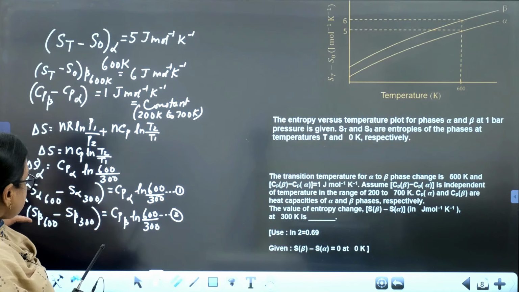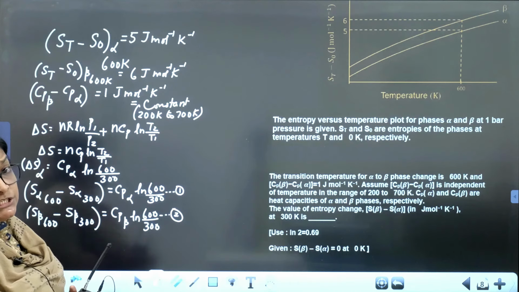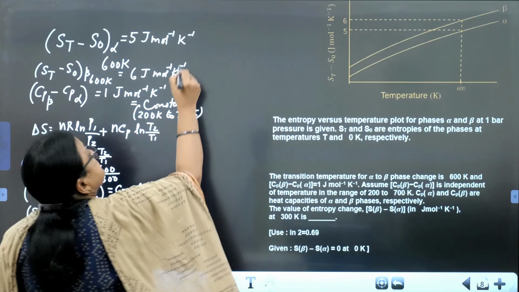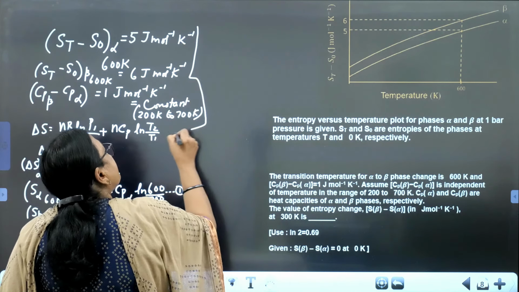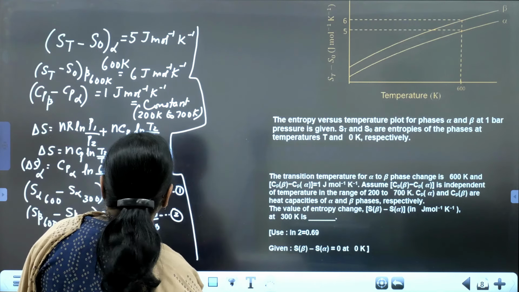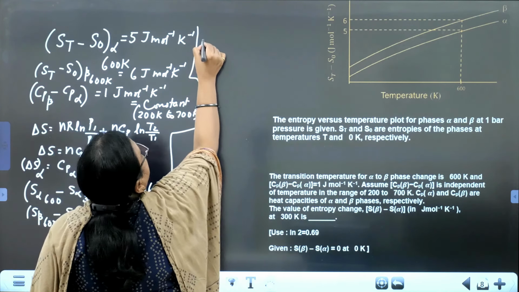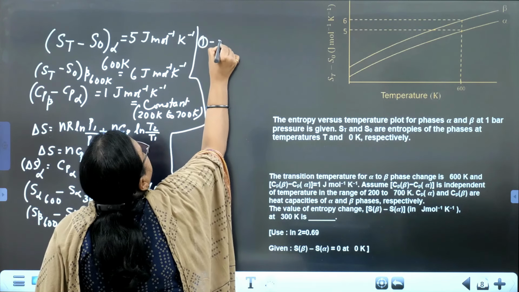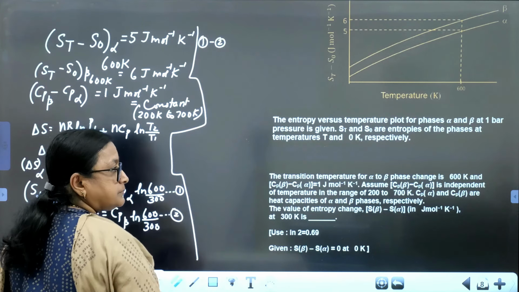So from these two equations, the easiest way of arriving at it is just do equation 1 minus equation 2.